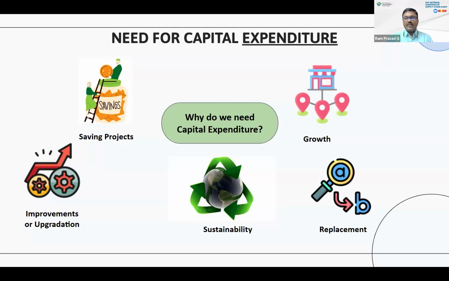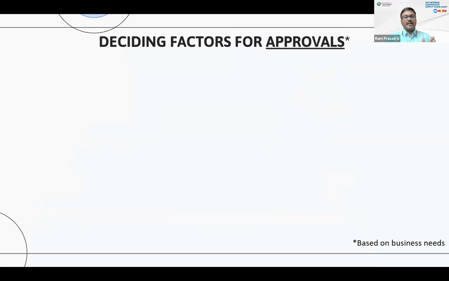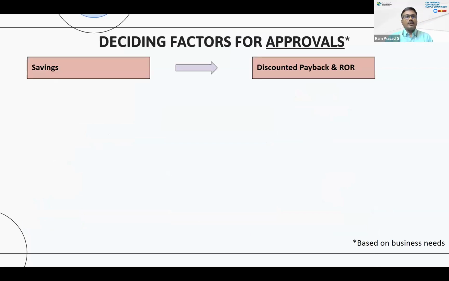One more extension to this, which I would like to explain, is what goes into a business organization when it comes to the criteria for approval: why or how will I approve one particular project over another? I had just listed these out here. For a savings project, when we have multiple assets on the cards and we are comparing them, we look at the discounted payback period and the rate of return.